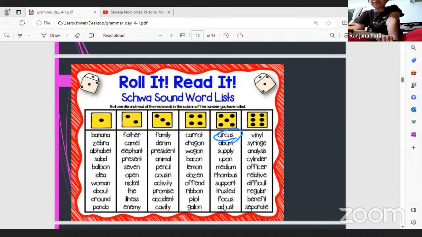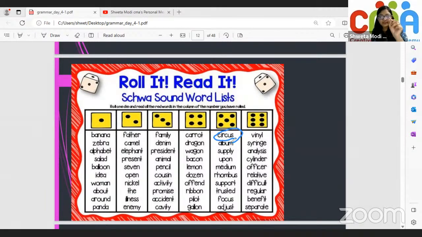Circus. Okay. So now everyone go on Google and find the correct pronunciation and type in the chat box. In the word circus, which vowel is going unstressed? Write circus syllable. Go on Google and check circus syllable, and then type in the chat box.